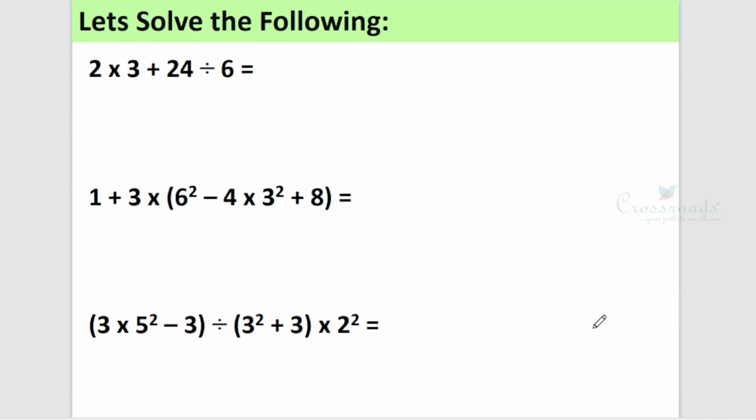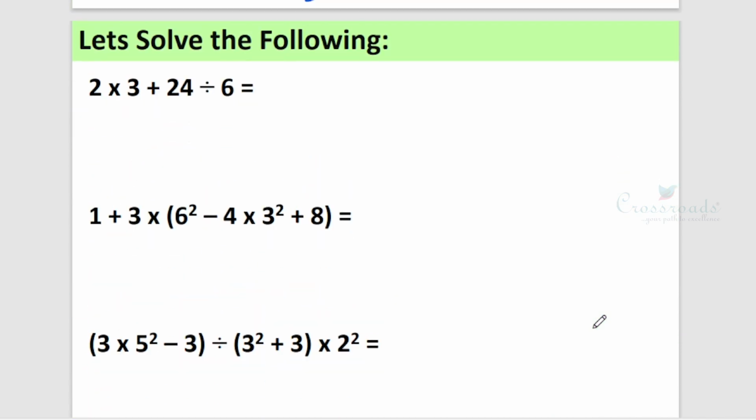And further, these are the last three sums which we'll be doing. It says 2 into 3 plus 24 divided by 6. So as we all know, if multiplication comes first, we solve the multiplication, then we go to the division. So we first solve this and then we move on to this.